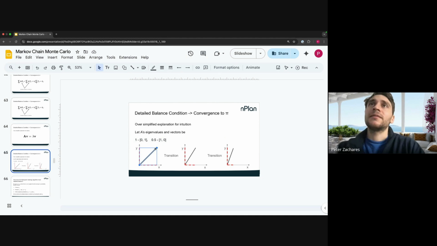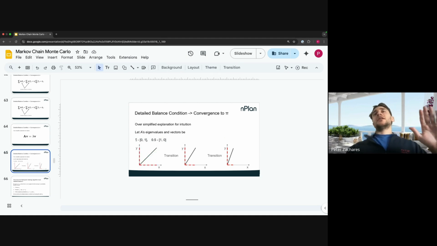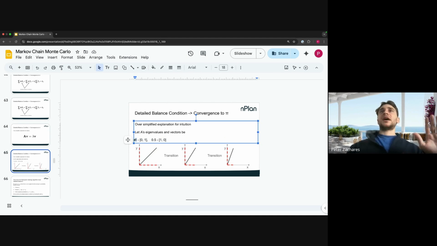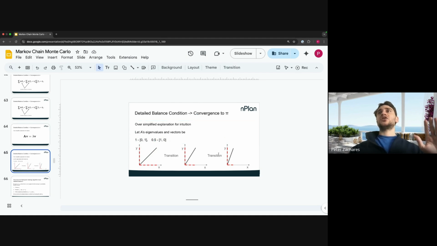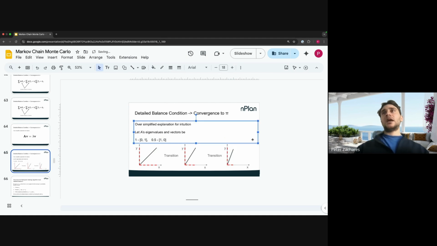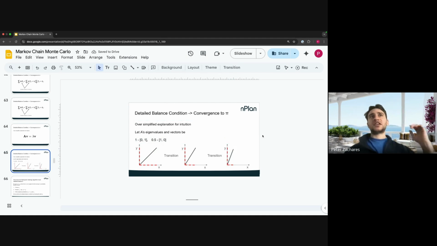So that wasn't a great explanation, but the overall thing I want you to notice is that this eigenvalue is 1 and this is 0.5, which means that as you transition over and over again, your point is going to move closer and closer to the eigenvector with the largest eigenvalue. This isn't completely true, but this is how I think you should think of it.